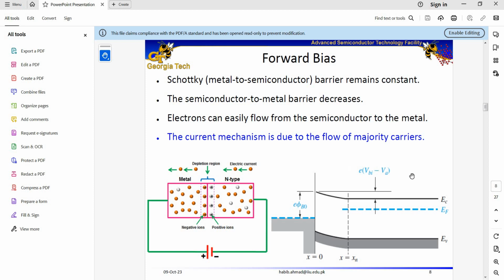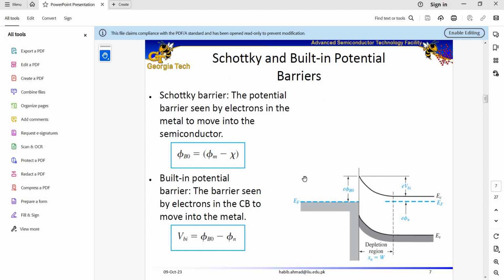So electrons under forward bias can easily flow from the semiconductor to the metal, but we still got a barrier for electrons to move from the metal to the semiconductor. So basically we have the flow of current just in one direction. That's why it shows Schottky behavior or rectifying behavior.